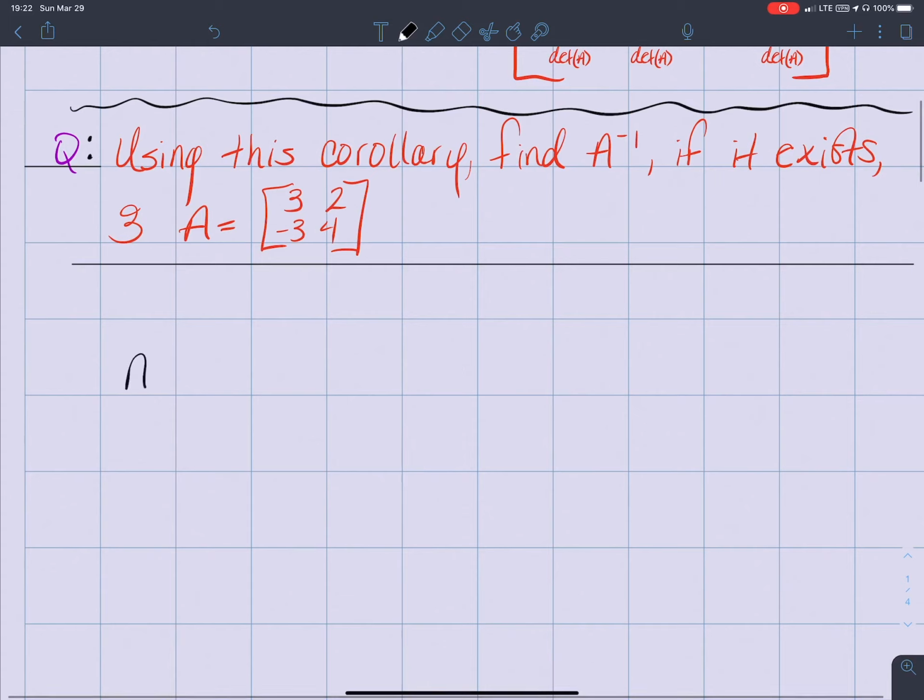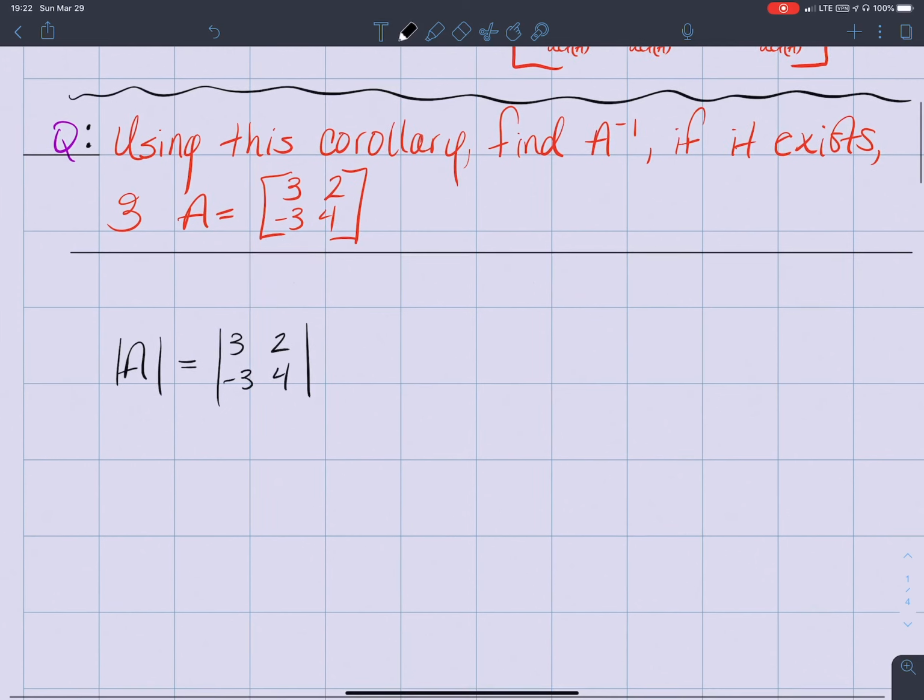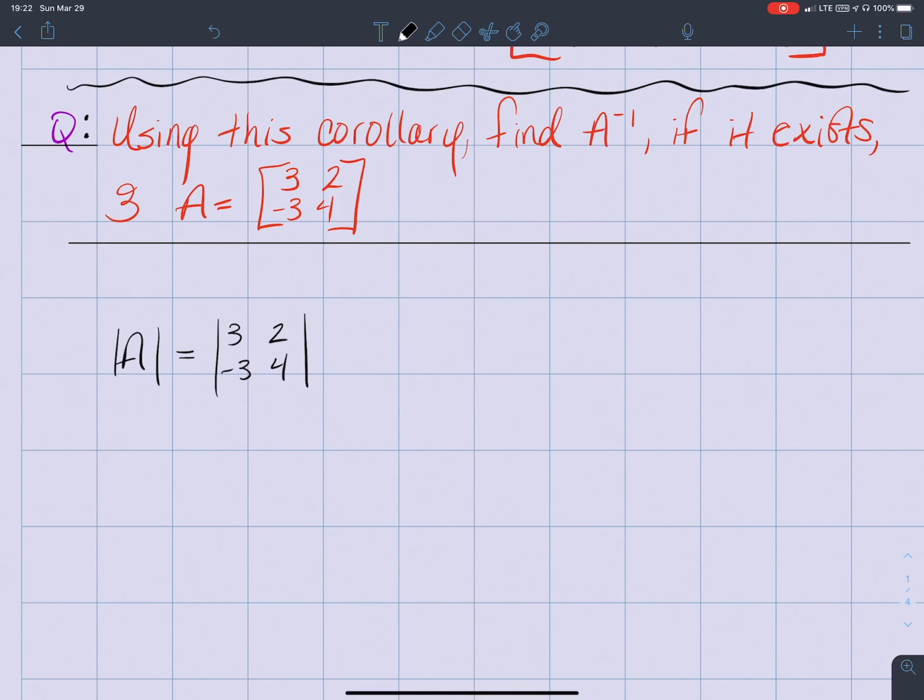The determinant of A can be written like this, with -3, 4. These almost absolute value looking bars indicate that it is a determinant. The way that we calculate this is 4 times 3, we already know how to do this for 2 by 2s, minus, it's actually minus, and I'll show you why, -3 times 2.